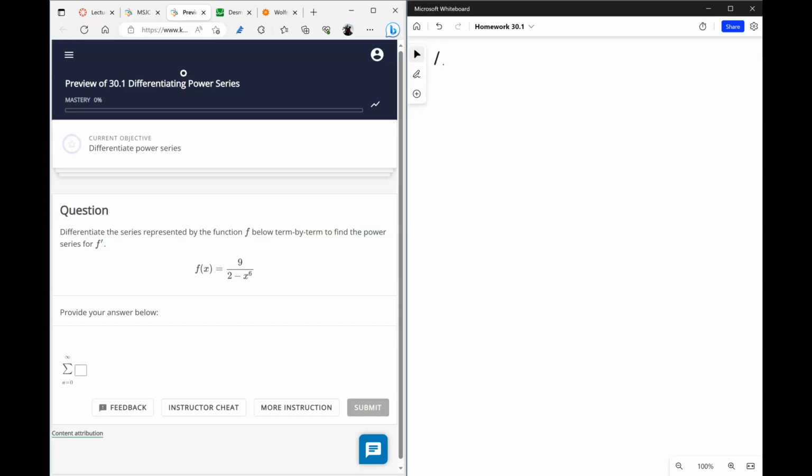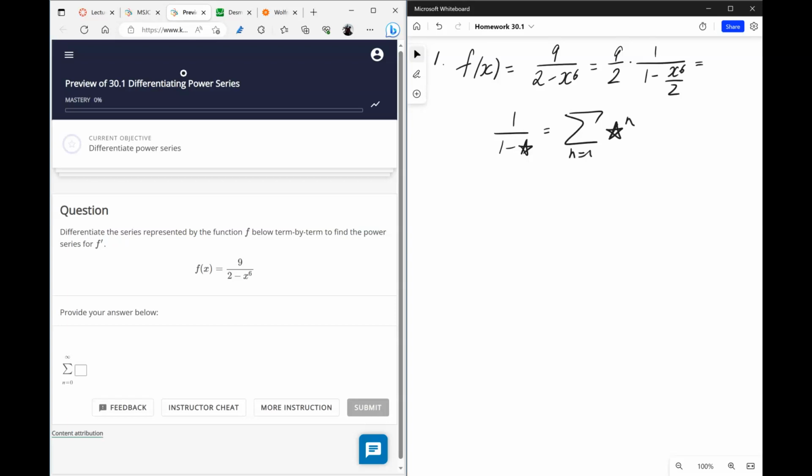So the first question is to find the power series for the derivative of this function. And the first step is to express this function as a power series, and we're going to do that using the following identity, which only holds when the following inequality is satisfied.